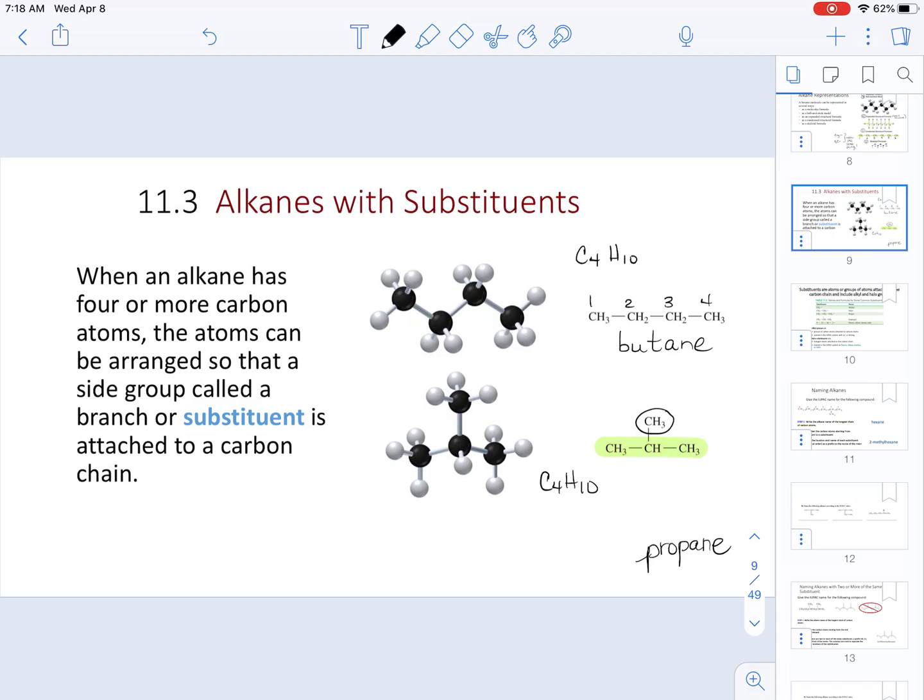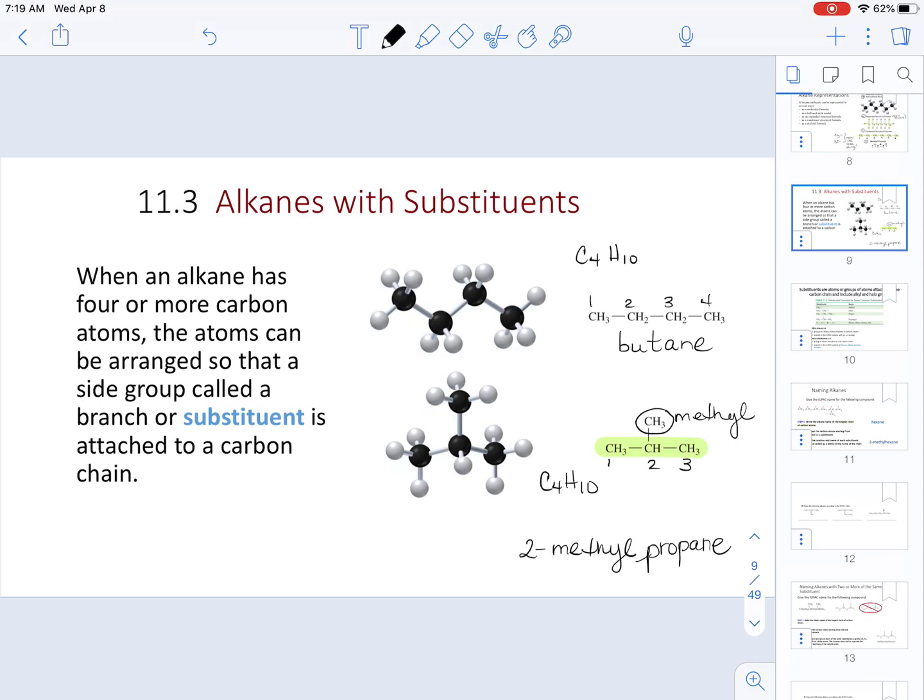That CH3 group, its name is going to be methyl. And if we number the longest carbon chain, this is carbon 1, carbon 2, carbon 3, that methyl group is going to be located on carbon 2. So the name of that bottom compound is 2-methylpropane.